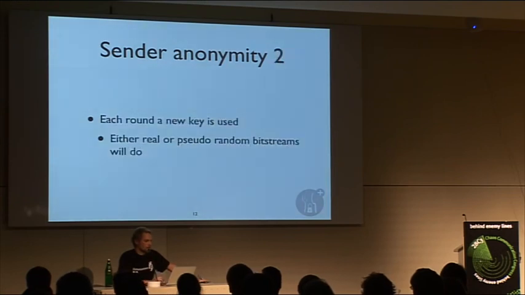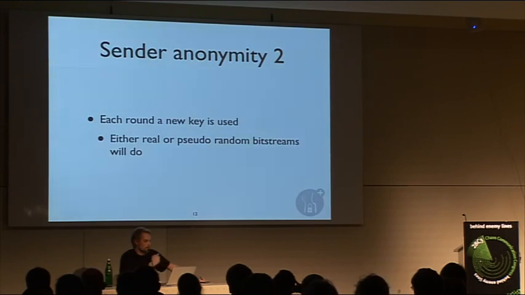And if you want to do a DC round, you have to use a new key each round. So what people do normally is they exchange key generators instead of keys, and there they can use real random or pseudo-random bit streams. Of course, if you have real random bit streams, then you have very strong anonymity.